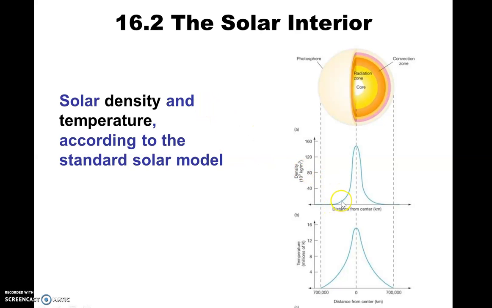All right, so this is our model. This is what happens as you get closer and closer to the center, and then right at the center you get this tremendous density. Understand, this 150 grams per cubic meter is tremendous density. There's nothing that dense that you find on the surface of the Earth, right?